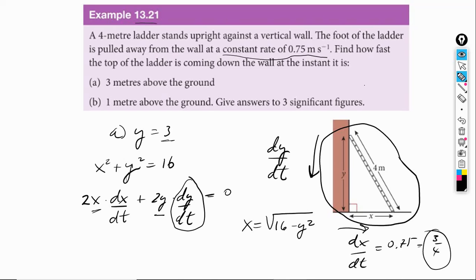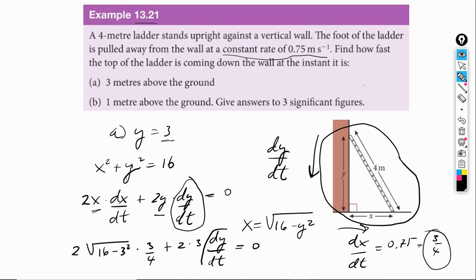So let's rewrite all this, plugging in the values. So this would be then 2 times the square root of 16 minus 3 squared, because that's y, times 3/4, because that's the rate of change of the x direction, plus 2 times 3, which is y, times the derivative of y in terms of time, equal to 0.